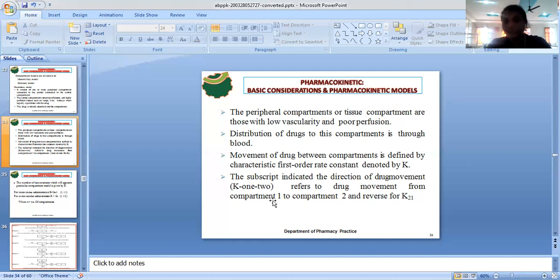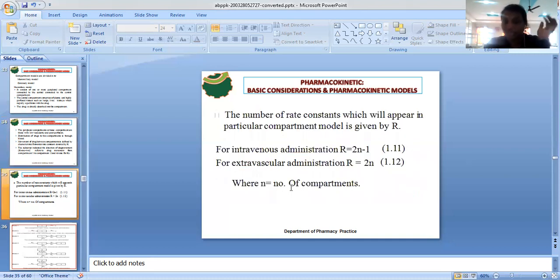Like that, each subscript indicates the direction of drug movement from one compartment to another. And the number of rate constants appearing in a compartment model is given by R, which differs with the number of compartments.